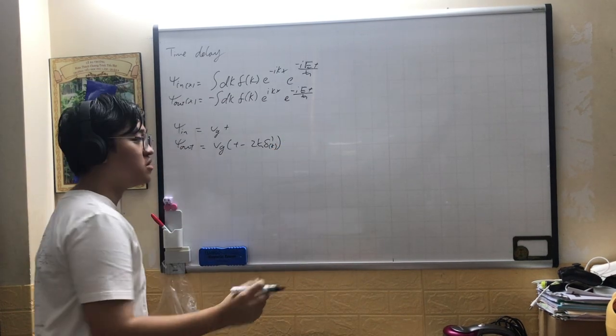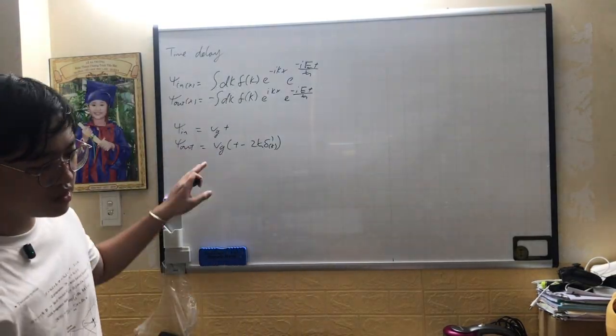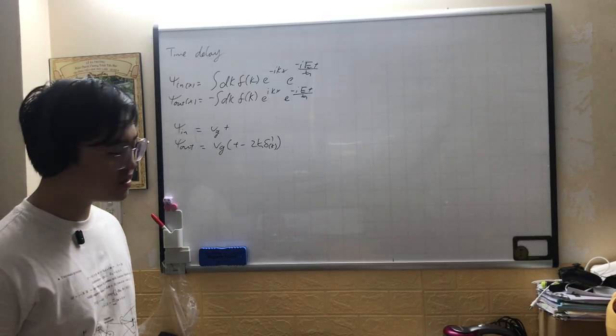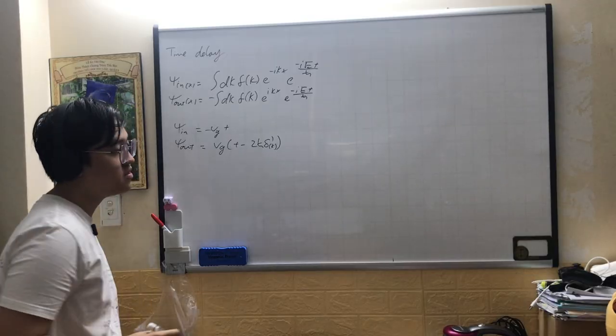Delta now is a function of k. Okay, this is a minus as we're sending it in on the other side.